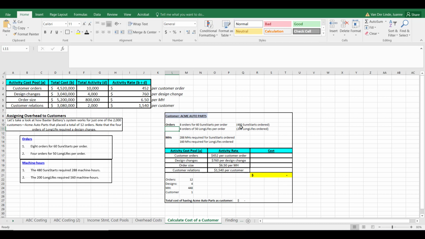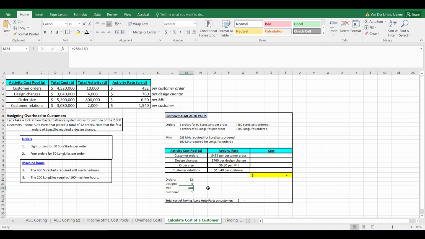It also tells us how many machine hours were used to make those batteries. The 480 Sure Starts that Acme ordered required 288 machine hours to make, and the 200 long life batteries required 160 machine hours. So 288 plus 160 is a total of 448 machine hours.